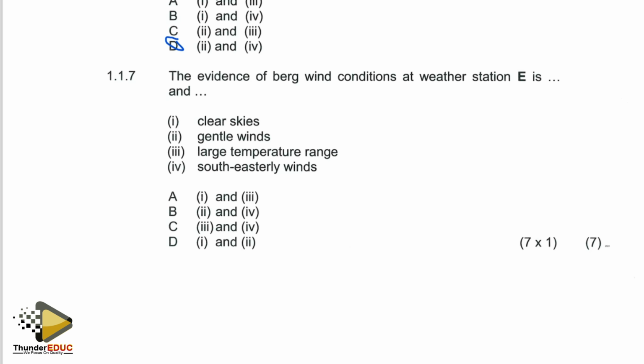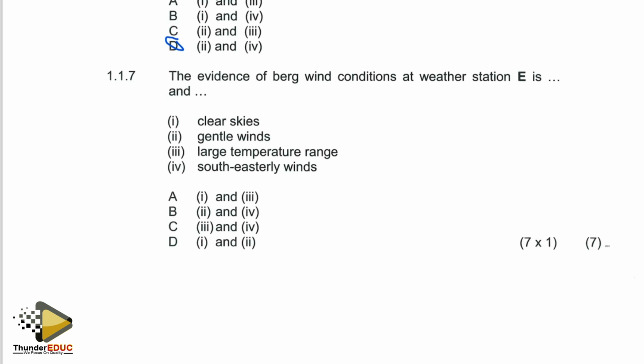The implication is that before the coming of the back winds, it was extremely cold, with a minimum temperature of -9, and with the coming of the back winds, the temperatures rose from that minimum to a higher temperature of 27 degrees. So a large temperature range is a possible response.